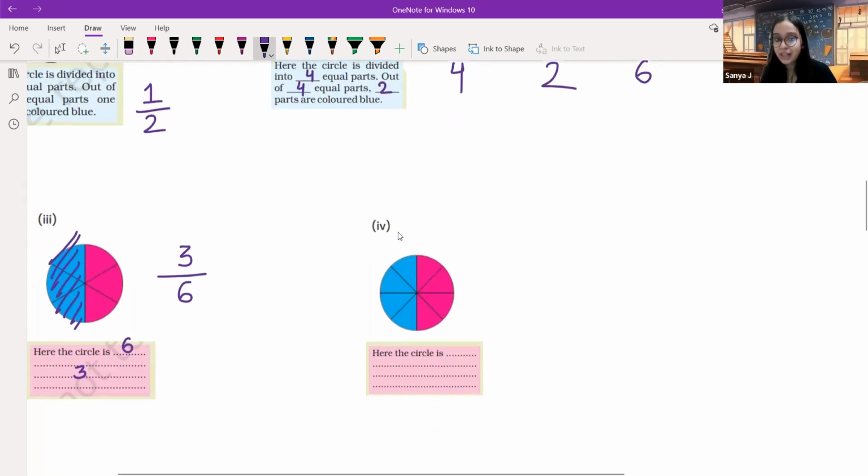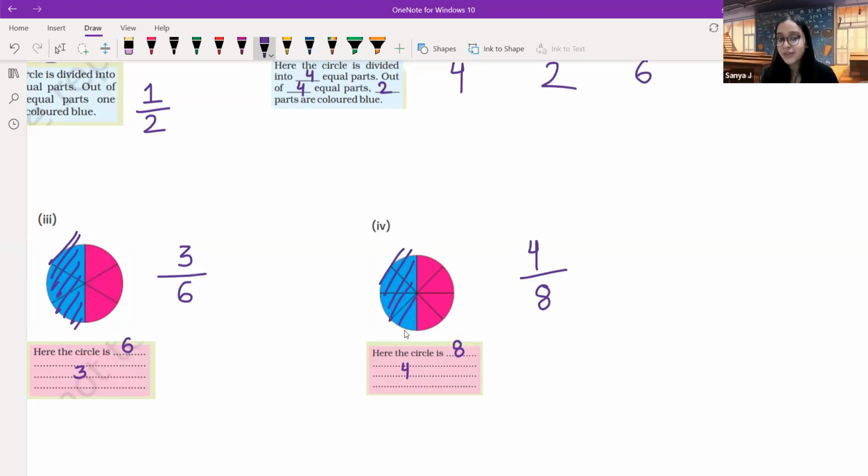Okay, the fourth part. The circle is divided into how many equal parts? Let's count. 1, 2, 3, 4, 5, 6, 7 and 8. The circle is divided into 8 equal parts, and out of 8, 4 parts are shaded blue. So what's the part that represents the blue part? That is 4 eighths. 4 out of 8.